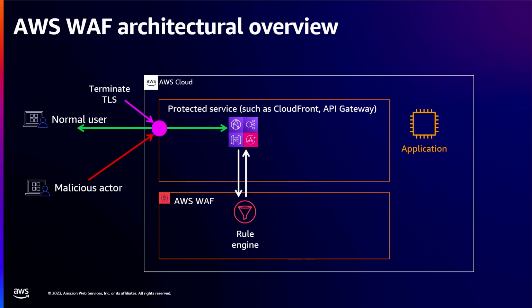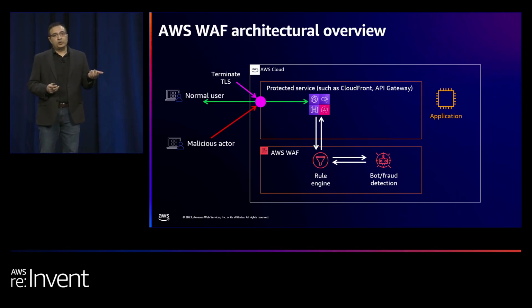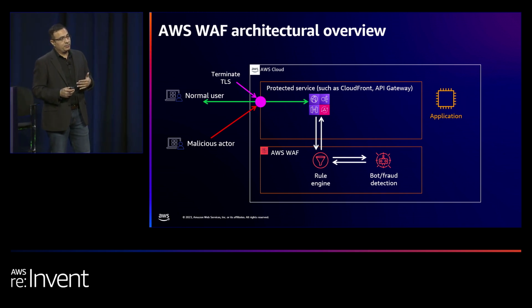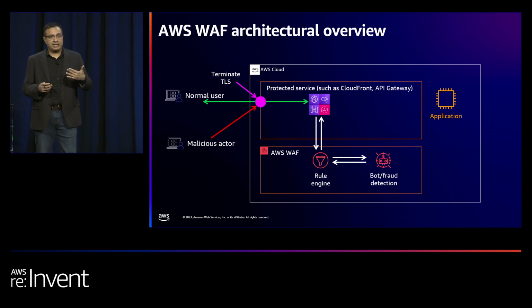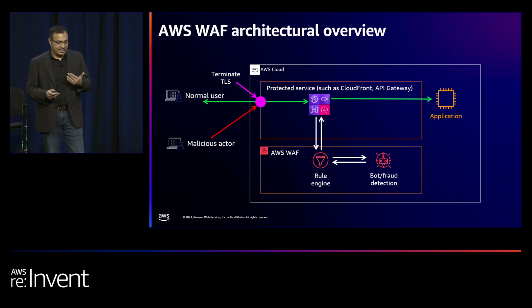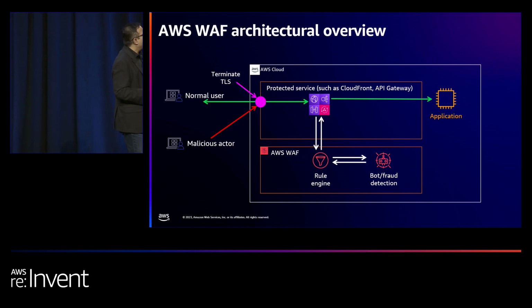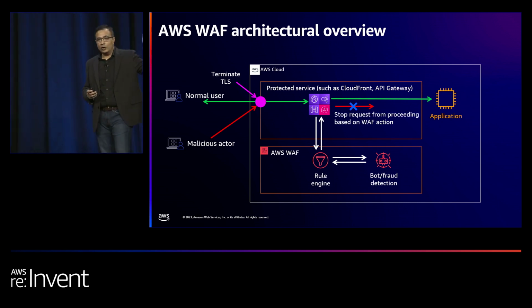Some are managed rules, custom rules. We're going to go over quite a few of them. If you have configured your protected resource to be protected against bots and fraud, the request is further inspected by bot and fraud detection services, which are also running behind the AWS WAF rule engine. And depending upon the decision that is sent back, either the request is considered safe and it is allowed to proceed to the application origin, or the request can be stopped from proceeding to your application.